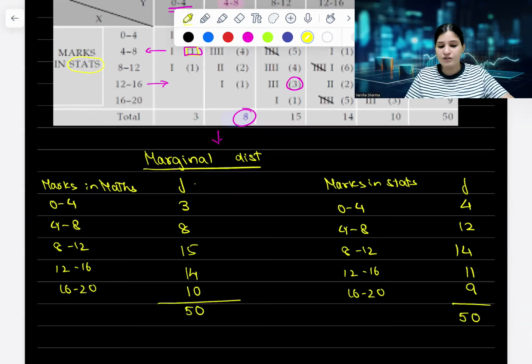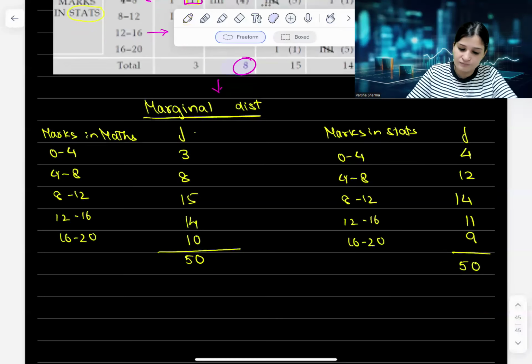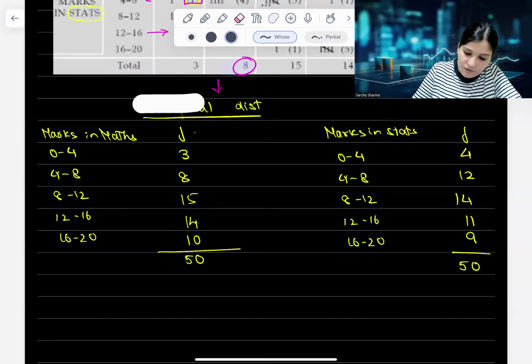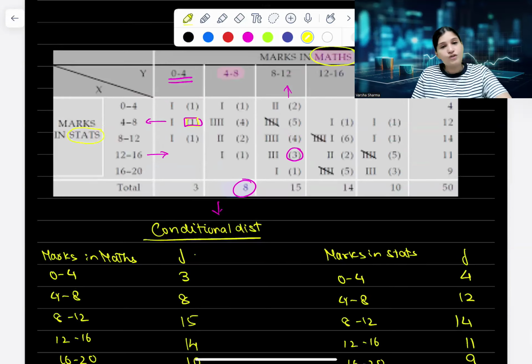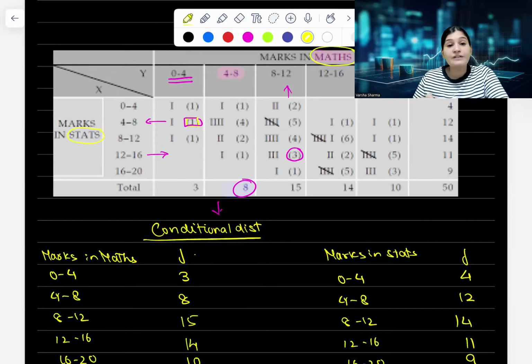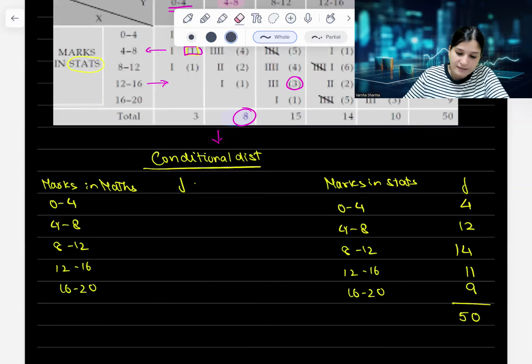Okay. Now let's talk about conditional. In conditional, I want to find a table for marks in maths, but I'm going to give you a condition: take only those students in maths.